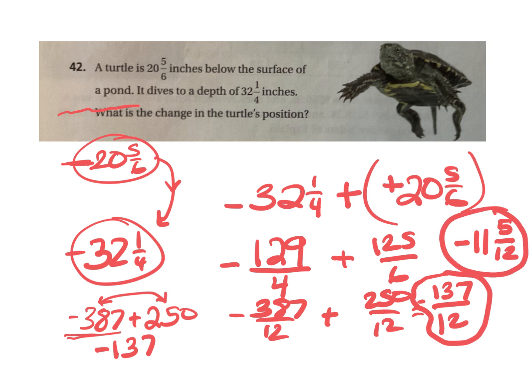And that's the change going from this negative 20, or 20 below, to negative 32. The change is it's going down, or minus 11 and 5/12 inches. And I forgot to label my unit. Okay.